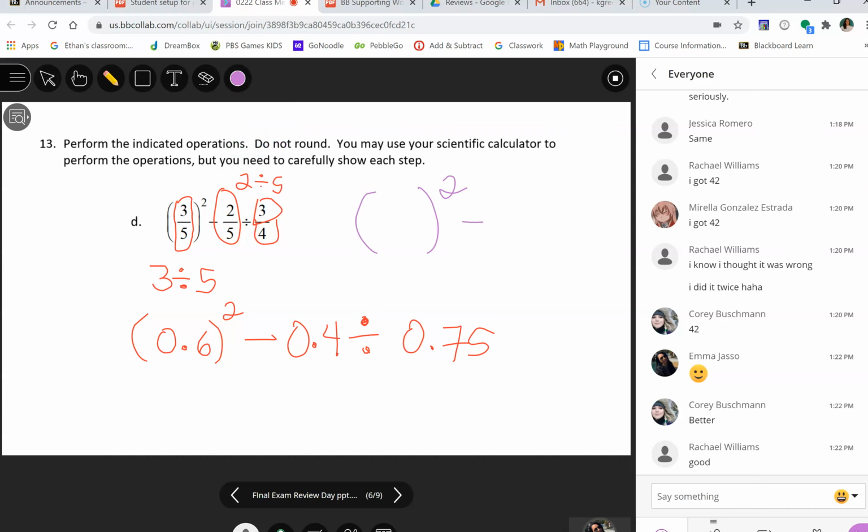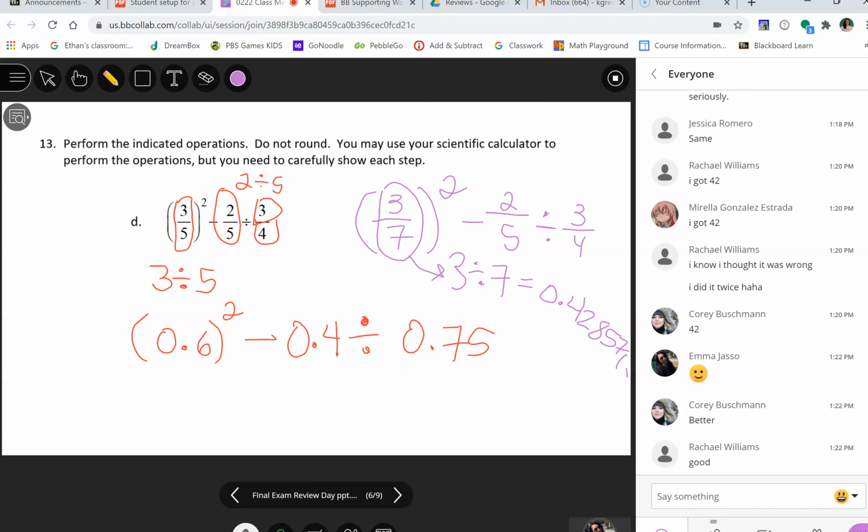What if instead of 3/5, they gave you something like 3/7? So everything was the same except for the 3/7. If you try to change 3/7, if you do top divided by bottom or use your fraction to decimal key, it gives you this horrible number, 0.4285714 and other stuff.